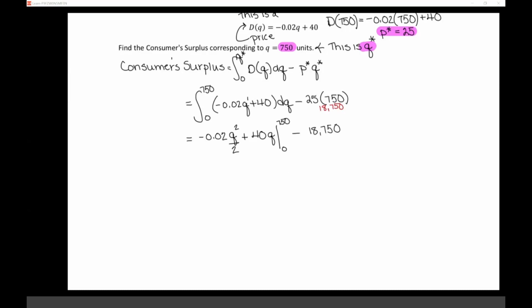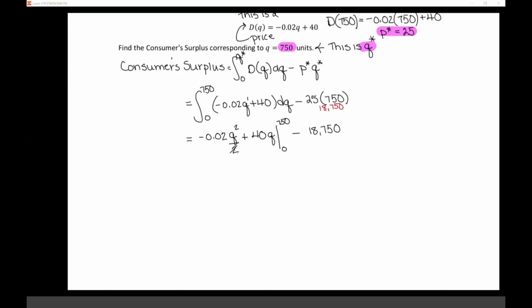Everybody okay with the integration part? Any questions about the integral? Okay. Makes sense? Good. Before I actually evaluate it at the bounds, you see this 2 on the bottom and this 2 on the top. I'm going to clean that up a little before I evaluate.